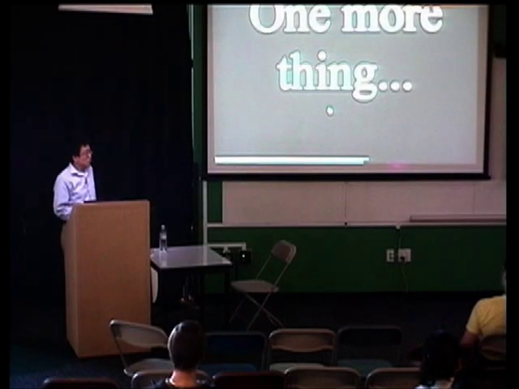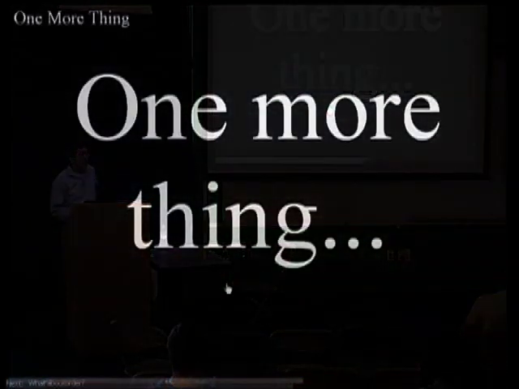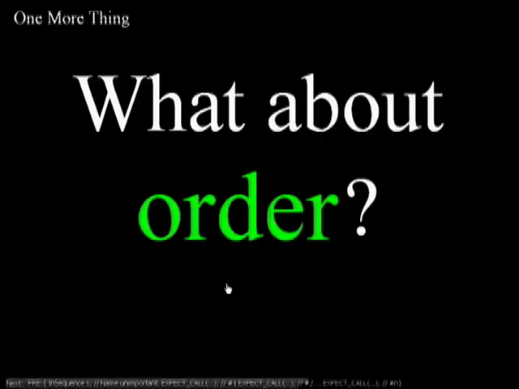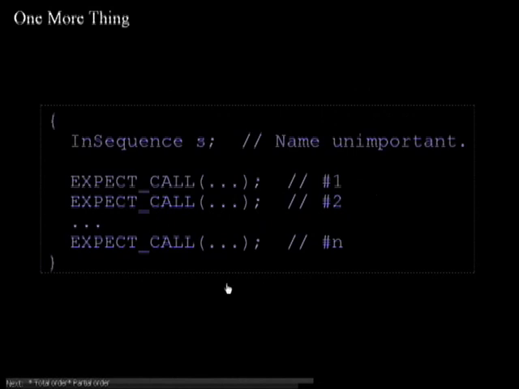Here's one more thing I want to tell you about gMock. What about order? Earlier we said that we want to be able to express in which order the functions should be called. How do we do that? Here's one example. Suppose you have n expectations that need to be matched in the exact order they are defined.